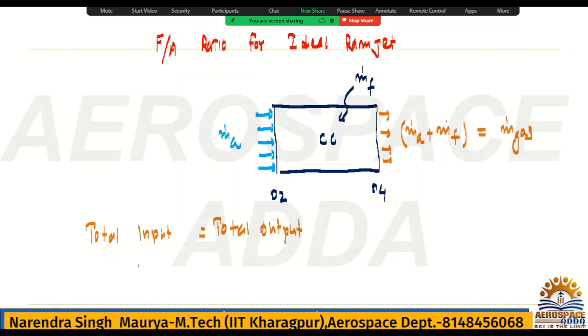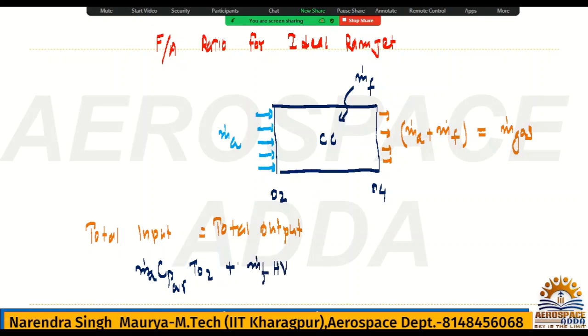So what you will write, inlet will be m dot a, Cp of air, into the station 2 temperature T02, plus the input heat, that chemical energy you are adding here. The chemical energy formula is m dot f into heat value.